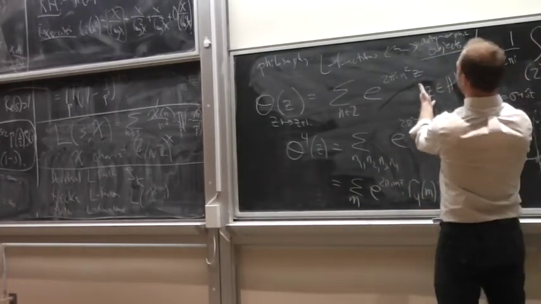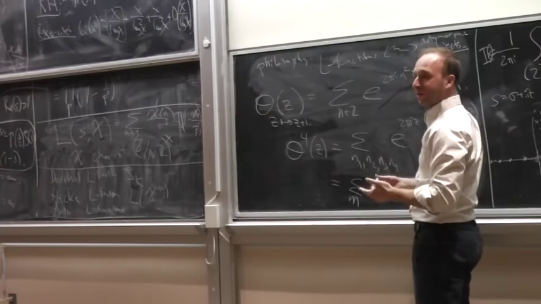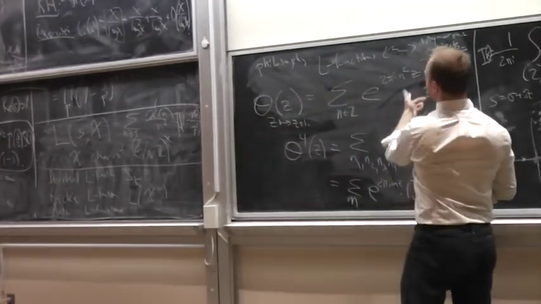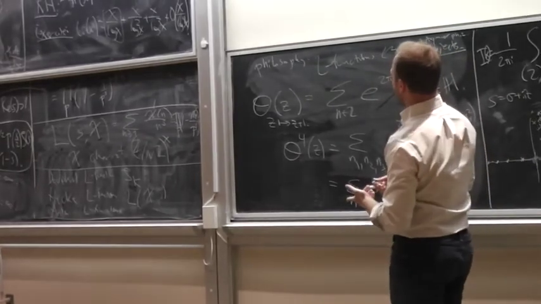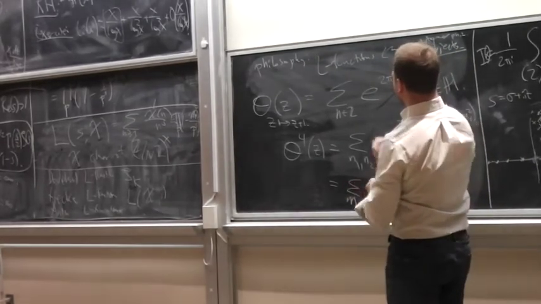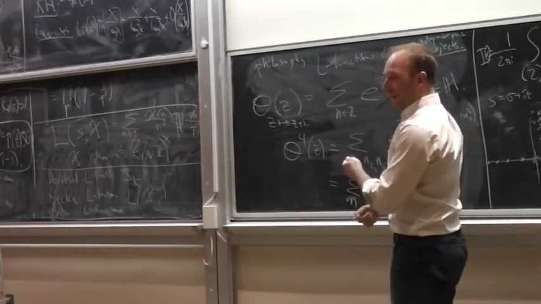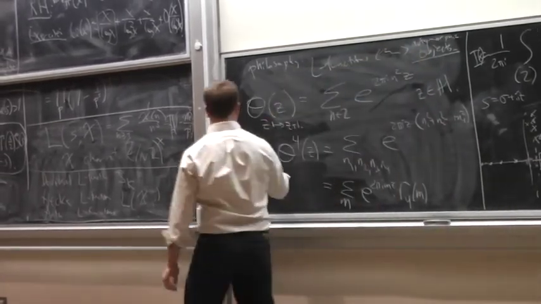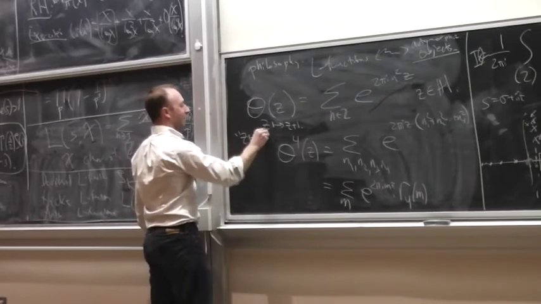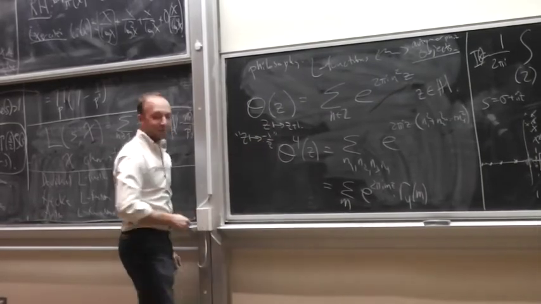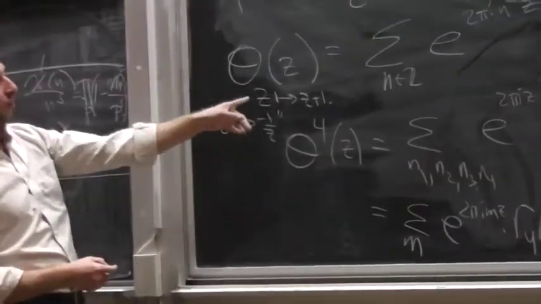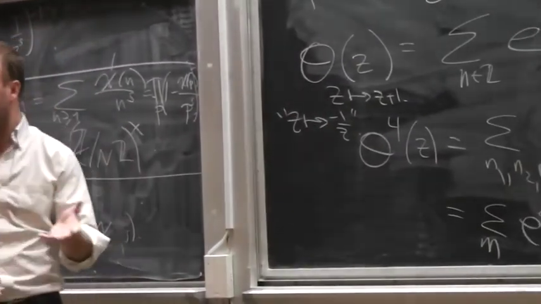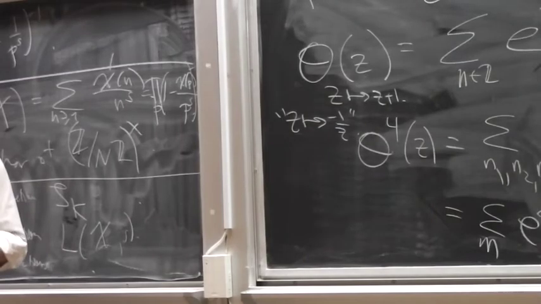So now people are studying functions on the upper half plane with nice symmetries. One symmetry is z goes to z plus 1. Another thing you can see is that if you replace z by minus 1 over z, or really minus 1 over 4z or something, there's something like a z goes to minus 1 over z symmetry, and the group generated by these two symmetries is isomorphic to the group SL2(Z).